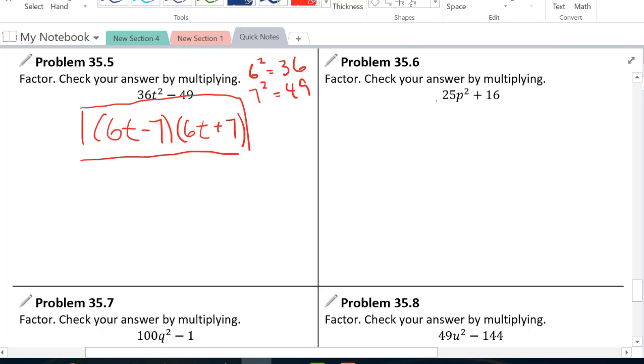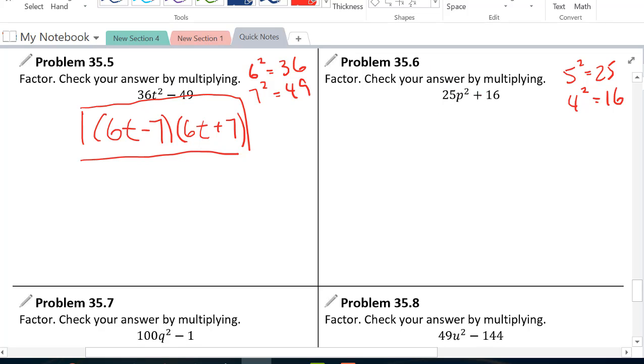Same thing. Are the numbers perfect squares? Yes, they are. 5 squared is 25, and 4 squared is 16. So yes, 25 and 16 are perfect squares. So the first condition is okay. Do I have even power? Yes, I do. The second condition is okay. But what does the third condition say?